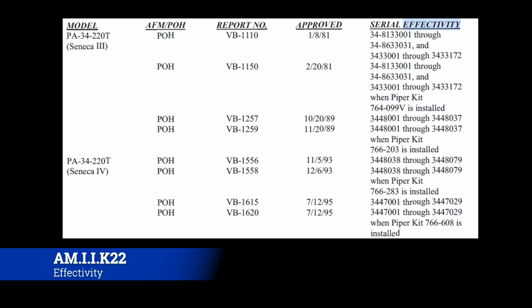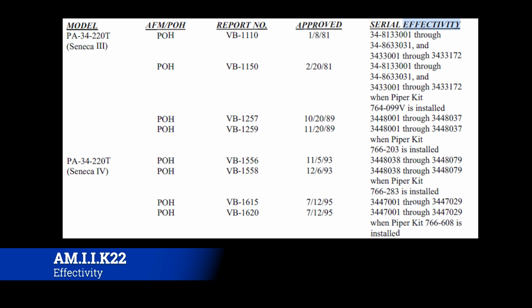So if you have this serial number, in this case it's a report number, but it'll show us. Let's say that number was a serial number for a gasket, and our gasket is VB 11110. When we have that part number, we look at the effectivity for this Seneca, and we're saying, hey, look, this one is good for everything from 8133001 all the way up to the 8600 line.